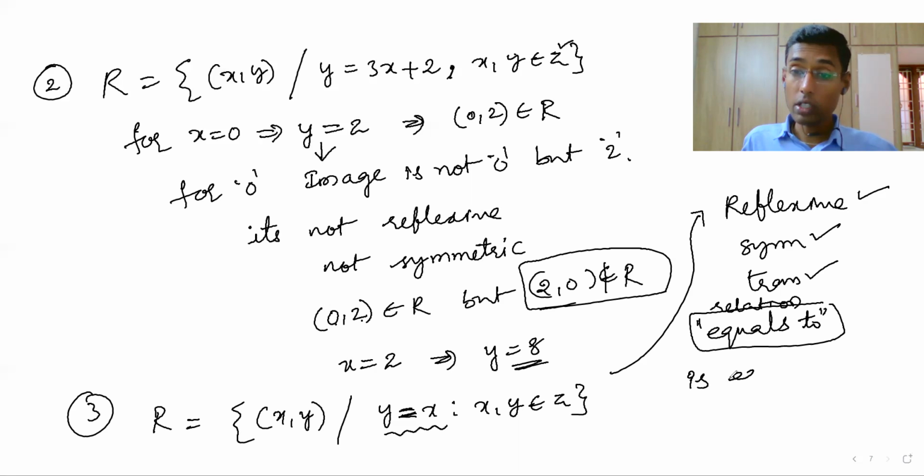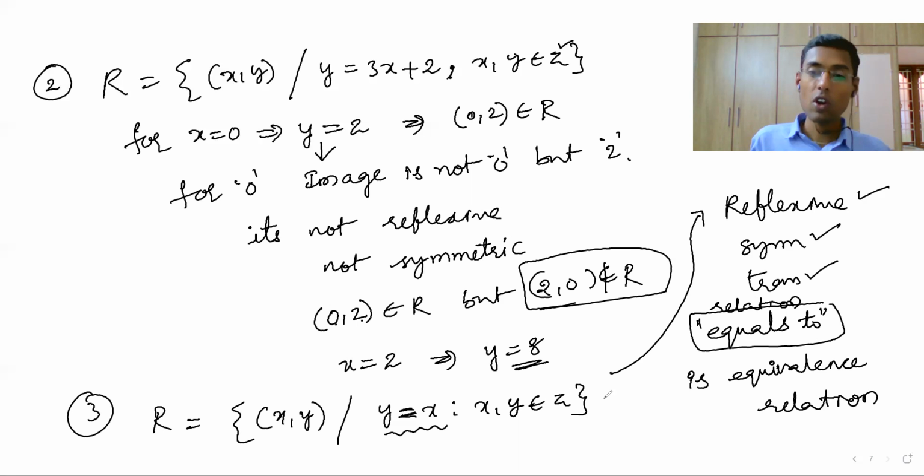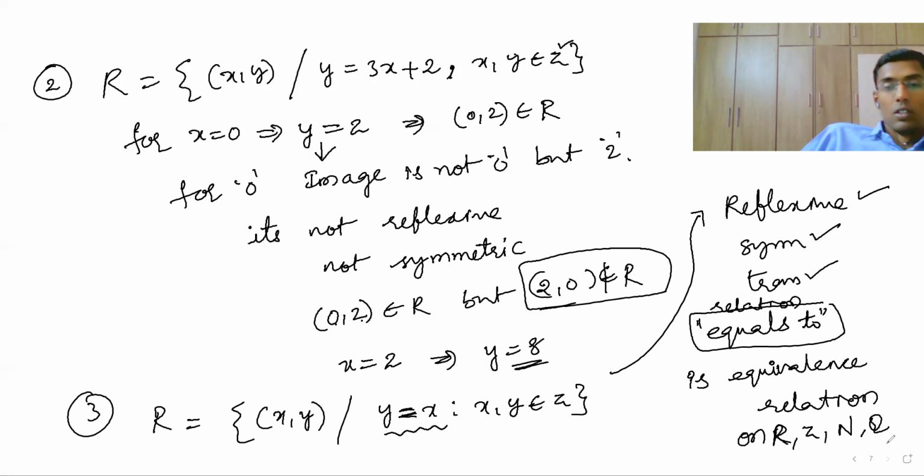Therefore, it is an equivalence relation. This is simply terminology. This is an equivalence relation on Z. On natural numbers, Z, rational numbers, real numbers also.